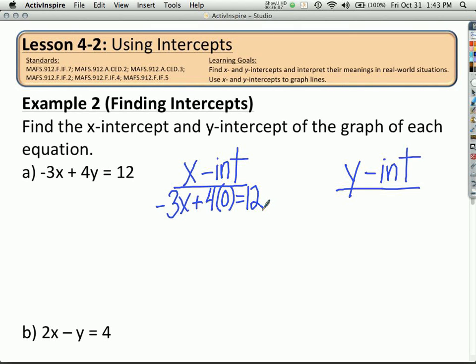That's what I mean by make the y 0. I just made the y 0. How did I know to do that? I told you to. But I did it based on evidence. Every time I find the x-intercept, y is always 0. So let me now use that to find it. Make y 0, that will tell me the x.